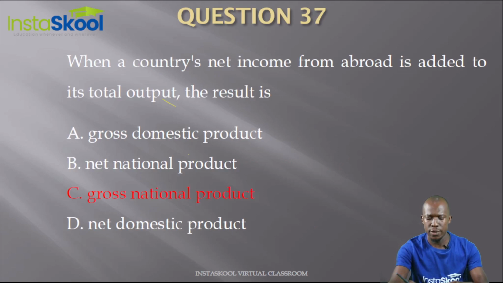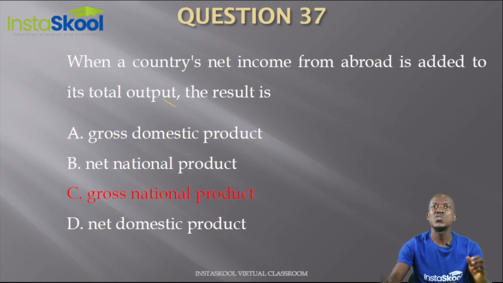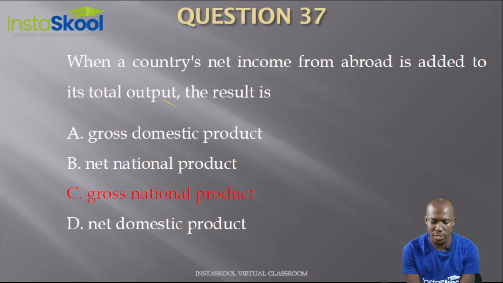Question 37. When a country's net income from abroad is added to its total output, the result is dash. Is it gross domestic product, net national product, gross national product, or net domestic product?